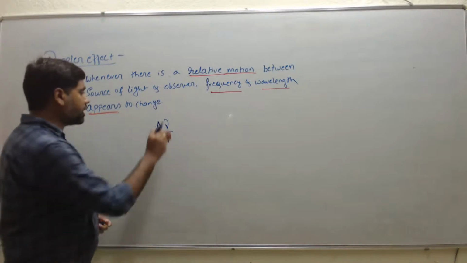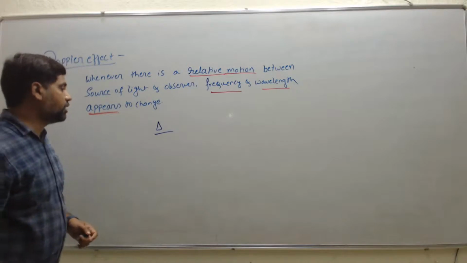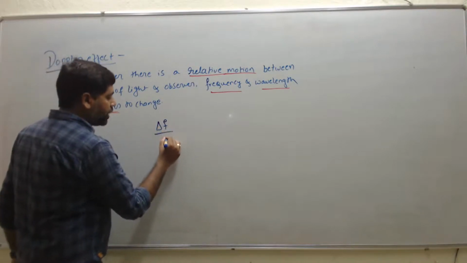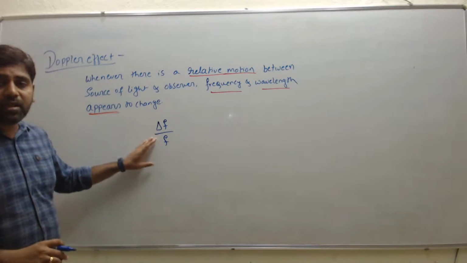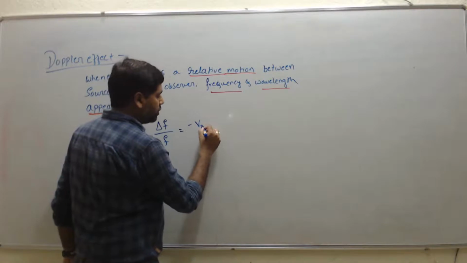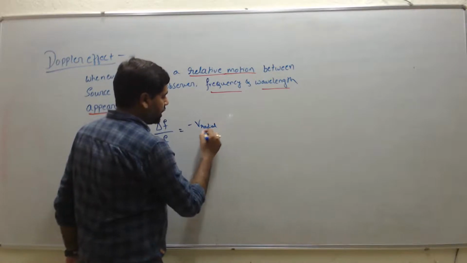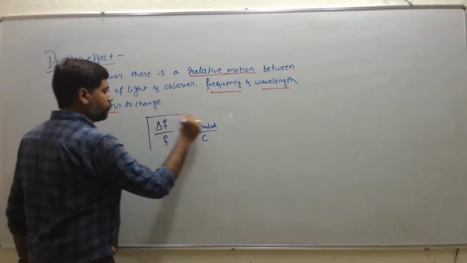Here f or nu represents frequency, so delta f divided by f. The net fractional change in the frequency equals minus v radial divided by c. So this is the formula.